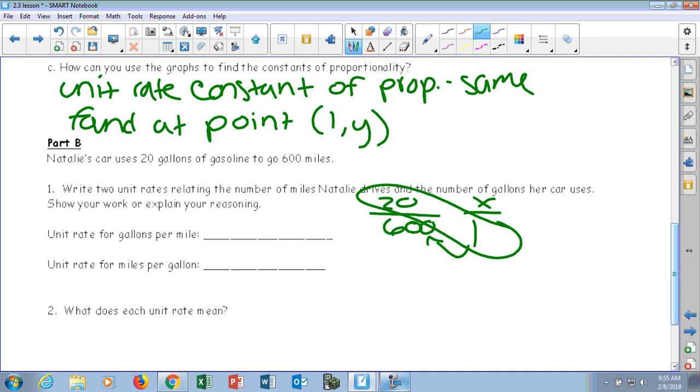And then if I divide that by our 600, what do I get? 0.03 gallons per mile. It's getting smaller here. We do 20 divided by our 600 to get 0.03.